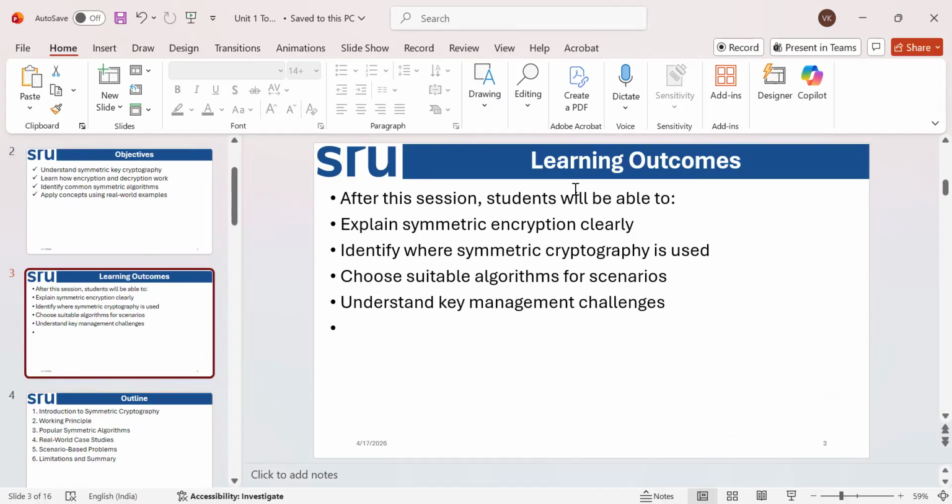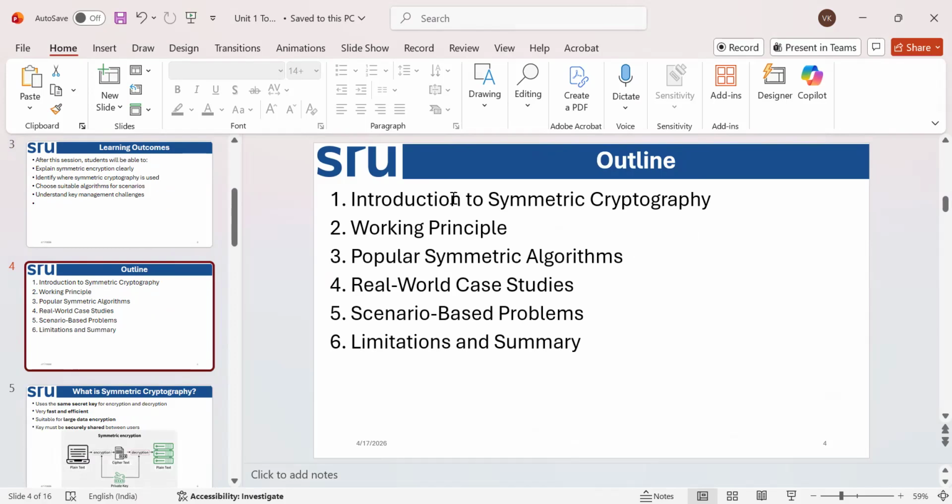After this session, students will be able to understand symmetric encryption clearly, identify where symmetric encryption is used, choose a suitable algorithm for encryption, and understand key management challenges. So let's see the outline: working principle, popular symmetric algorithms, real world case study, scenario based problem, and limitations, summary and introduction about symmetric cryptography.